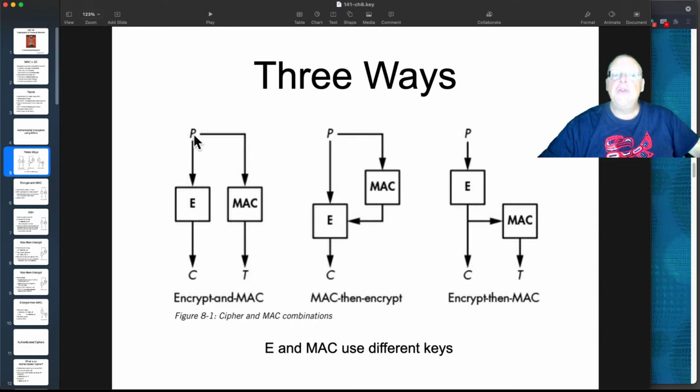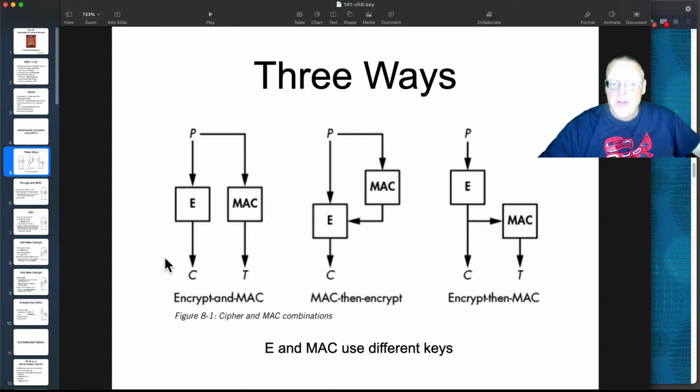And these use two different keys. You have one key for the encryption and another key for the MAC. Or you could calculate the MAC and then add it to the plain text and encrypt it all and just have ciphertext that includes the MAC. Or you could encrypt the plain text and then take the MAC on the ciphertext.